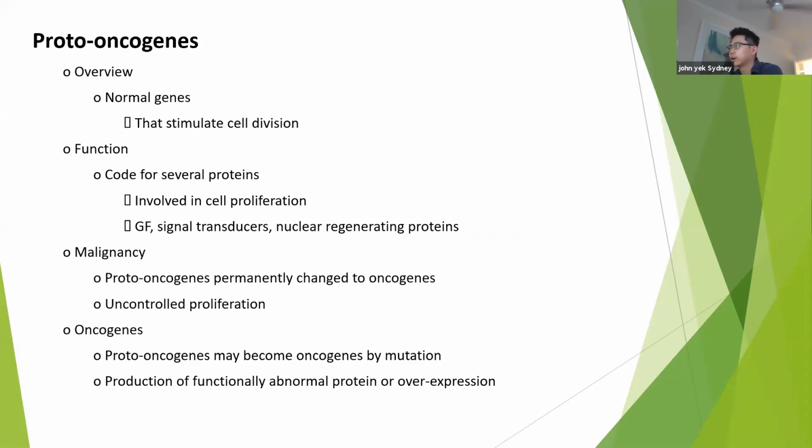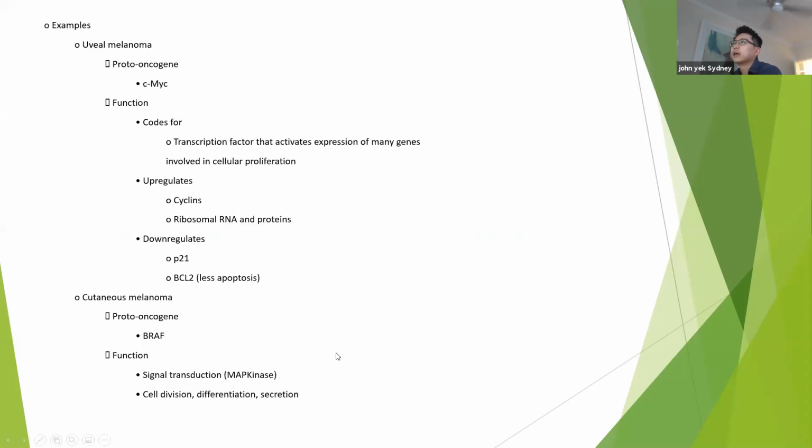When there's a gain of function, it becomes an oncogene by mutation, and you get more expression of normal proteins, or overexpression. Examples would be c-Myc in uveal melanoma, and in cutaneous melanoma, as we were discussing just now, it's BRAF, which is more exclusive to cutaneous rather than uveal.